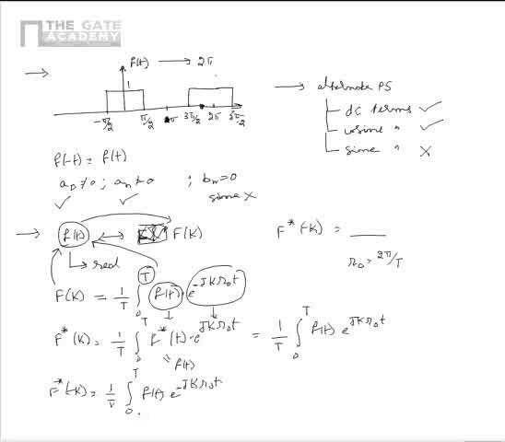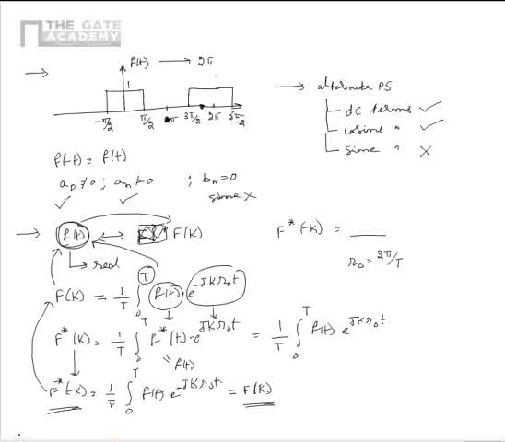This is by replacing k by minus k in F star of k. But we know that this is equal to F of k. From this, we can say that if a given periodic signal f of t is real, in its complex Fourier series representation, F star of minus k is equal to F of k. It means that the Fourier series representation is conjugate symmetric.